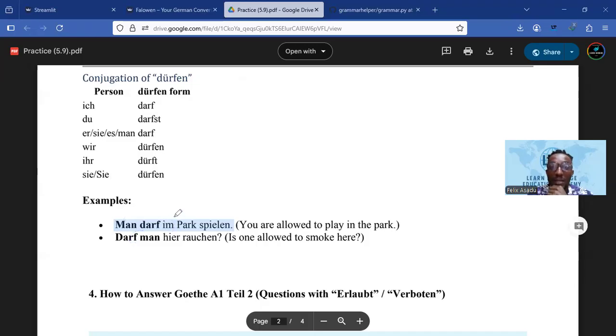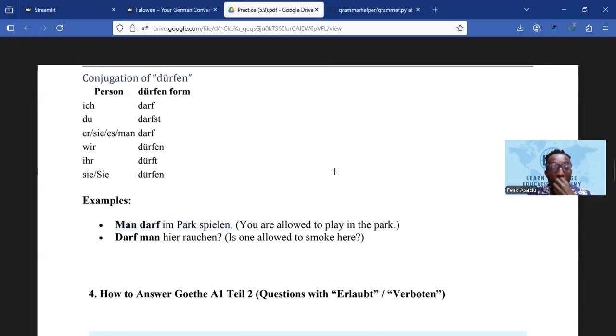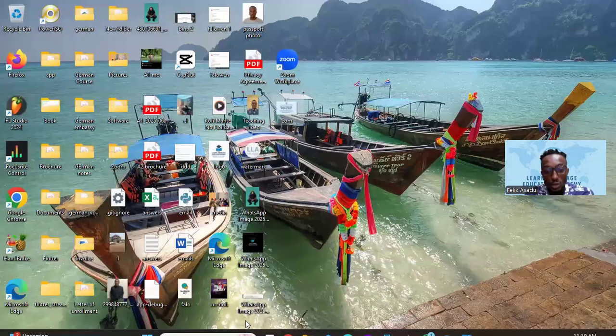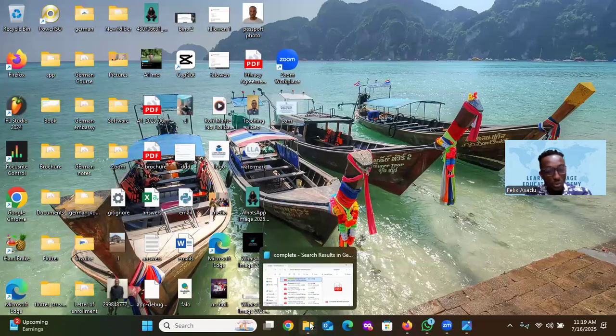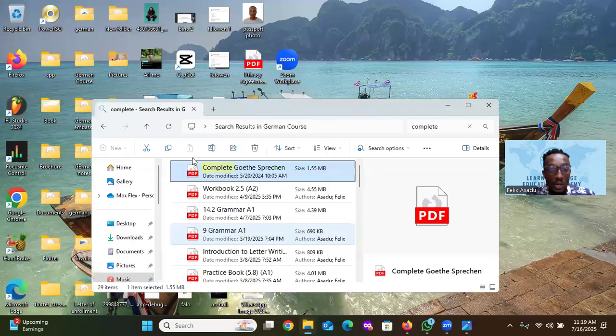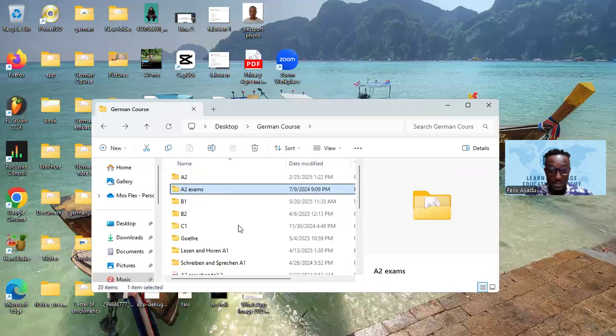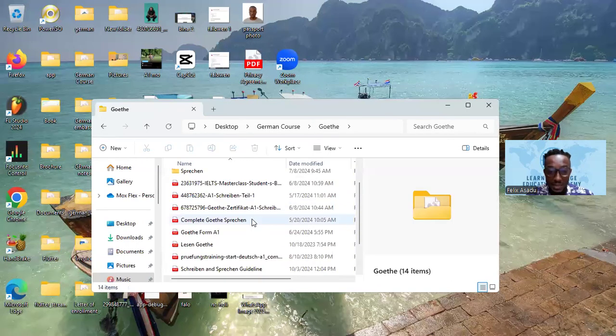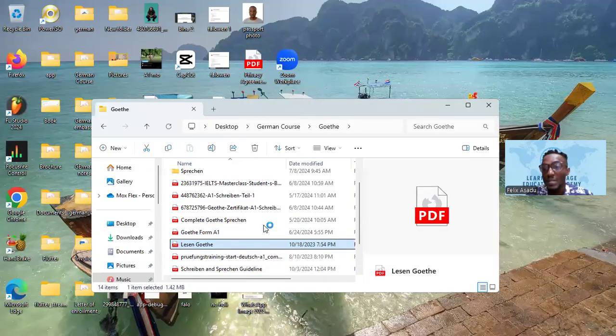Darf man hier rauchen? I hope that's clear. Do you understand the dürfen? So you have one option that you can also use dürfen to say that something is allowed. Like instead of saying maybe Essen ist verboten, you can also use dürfen to explain that.